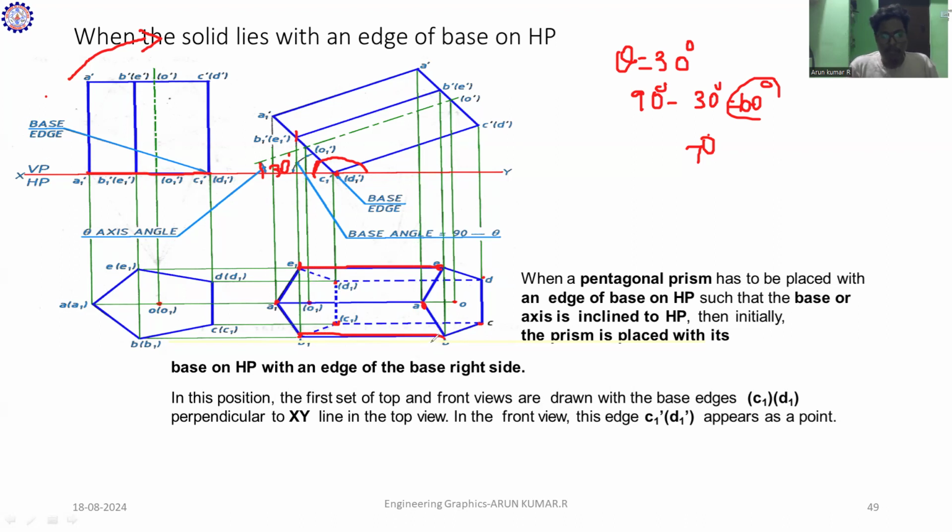Once you complete this, you get the exact data for this problem. This is the third view and this is the final, tilted view. This is step number one, step two, step three, and step four. In this order you have to complete this diagram.